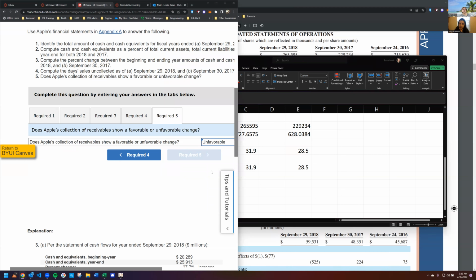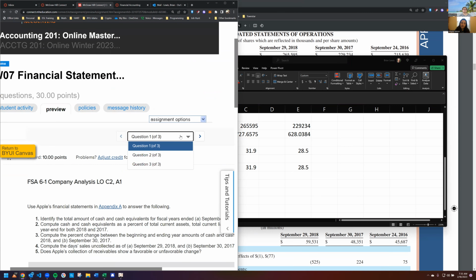If it's gotten better, the number of days has gotten shorter, then that's favorable from the prior period. Okay. Was that helpful? Yeah, very. Thank you. I remember if number 3 was about the same or not, if you can go over really quick.